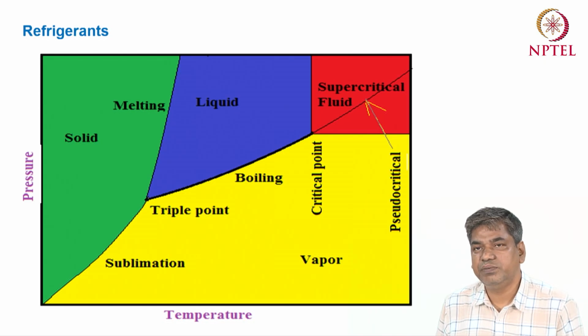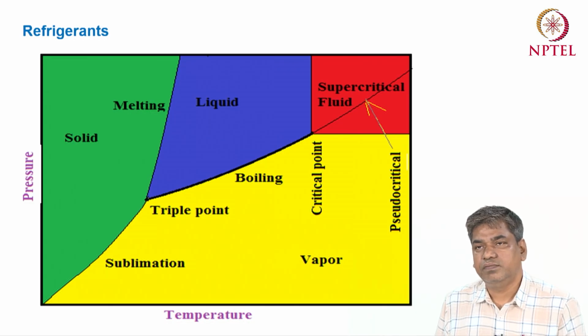So basically the pressure of the refrigeration system for a subcritical cycle should be in between the triple point pressure and the critical point pressure. In between that we will get the boiling in an evaporator and the condensation in a condenser.